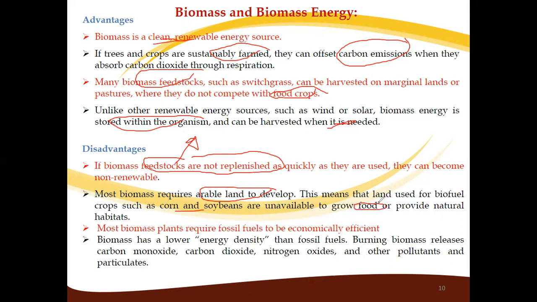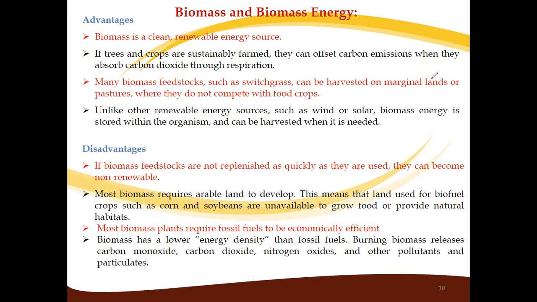So the food land gets reduced. Third, most biomass plants require fossil fuels to become economically efficient. Again, biomass has a much lower energy density than fossil fuels. Burning of biomass releases carbon monoxide, carbon dioxide, nitrogen oxide, and other pollutants and particulates. So these are all the advantages and disadvantages of biomass and biomass energy.